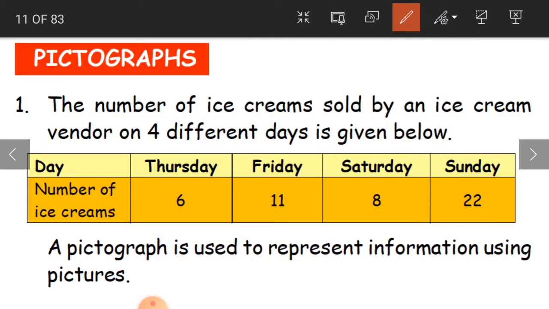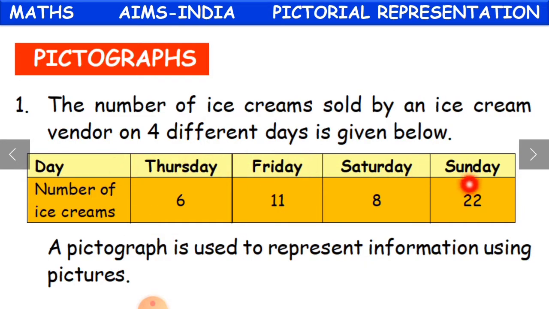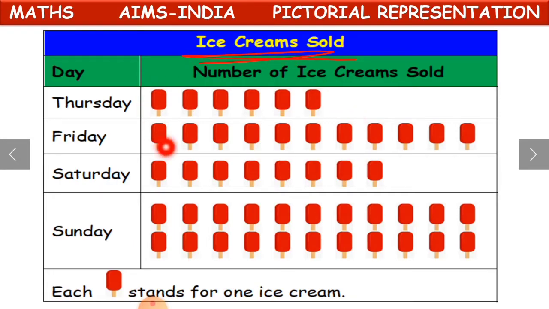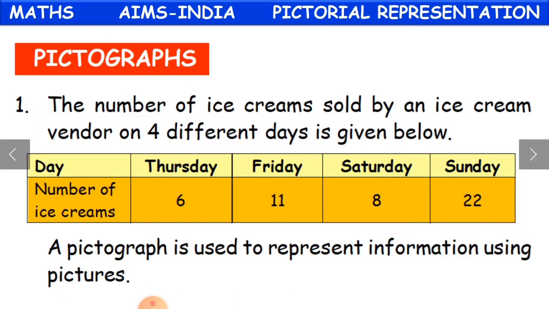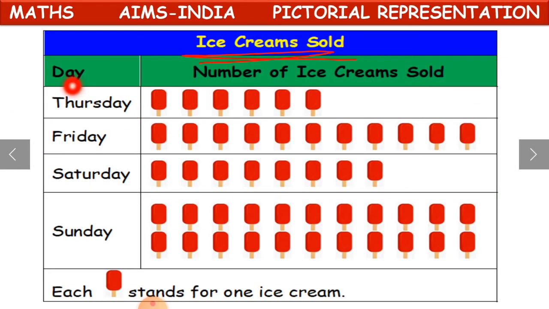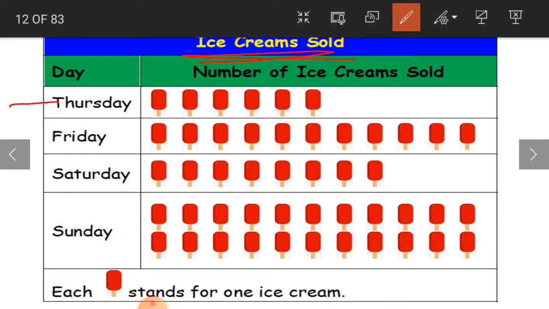Is this clear, children? So now this table or this piece of information we are going to represent using our pictographs. So what will be the columns again? The columns will be the same. That is the day and the number of ice creams sold. So what is the first day?